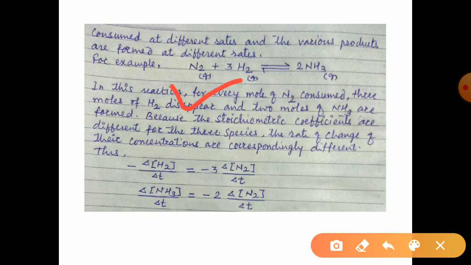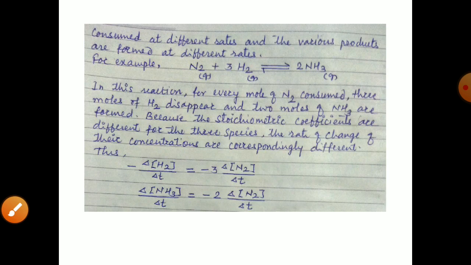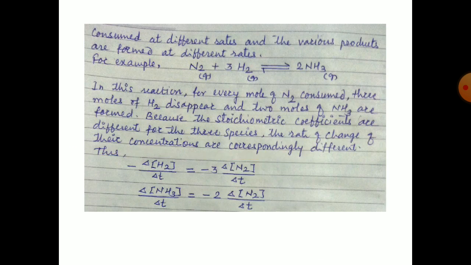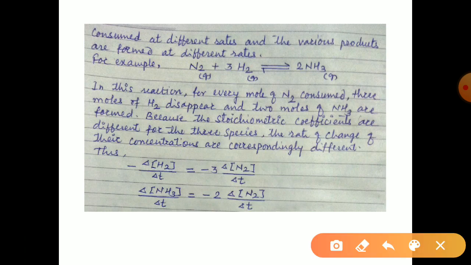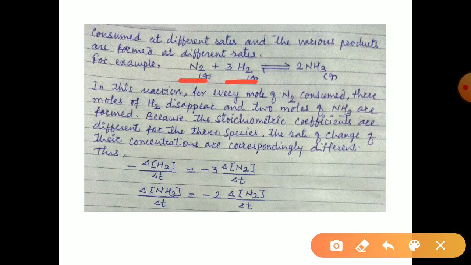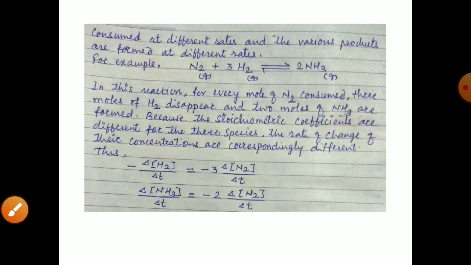Because the stoichiometric coefficients are different for the 3 species, the rates of change of their concentrations are correspondingly different. Here 1 mole gets consumed, here 3 moles get consumed, and here 2 moles are formed.